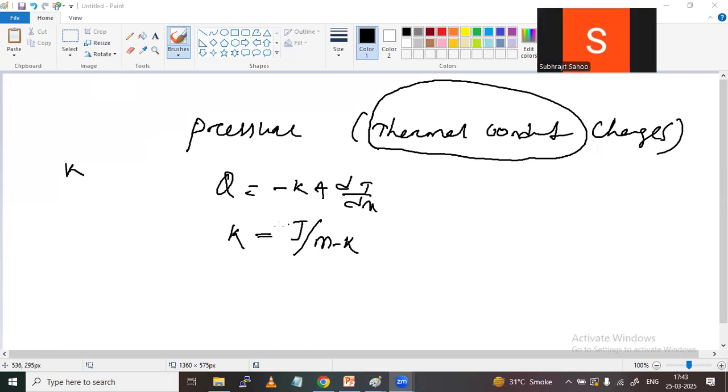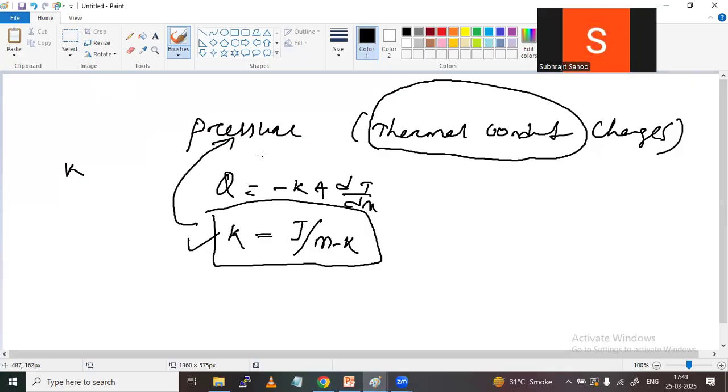So here K, the thermal conductivity, is in joule per meter Kelvin. Sir, how is this thermal conductivity important in pressure measurement?